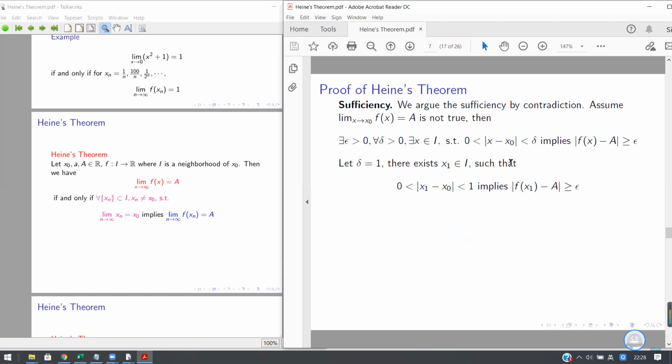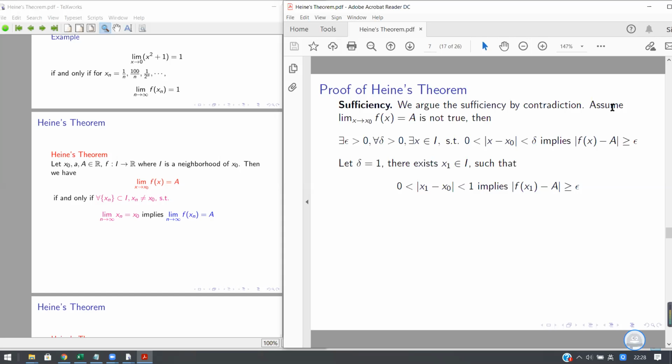Okay, let's proceed to the sufficient part. For the sufficient part, we need to assume that the purple one implies the blue one and try to deduce the red limit, right? So we argue this side by contradiction.